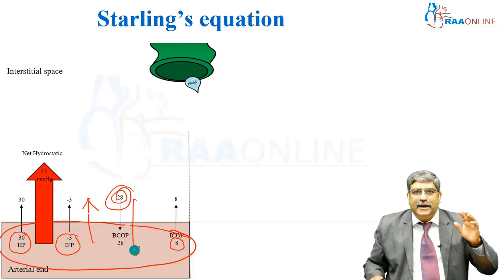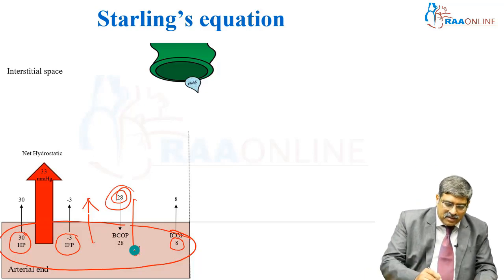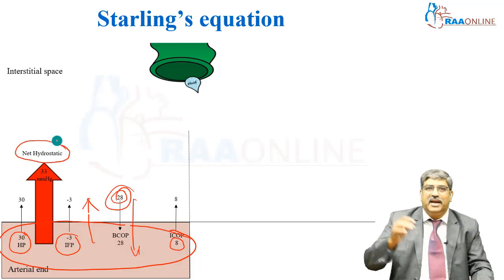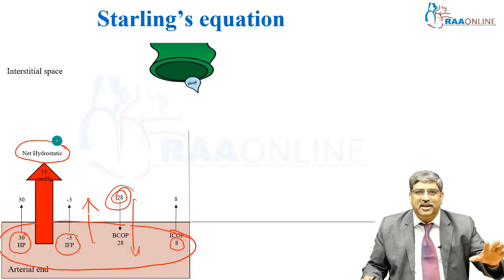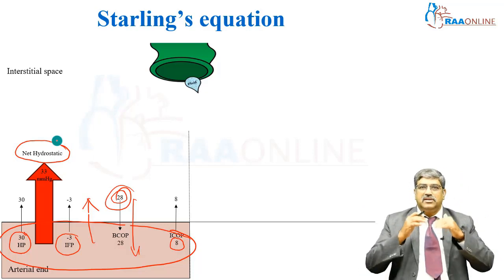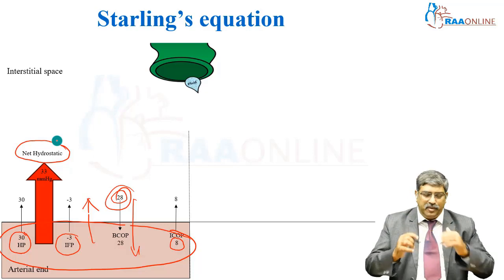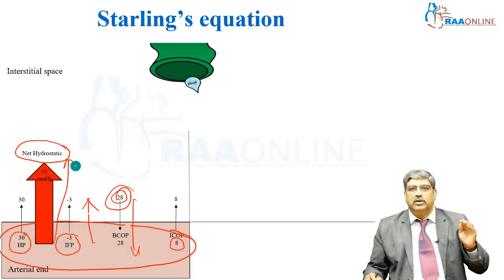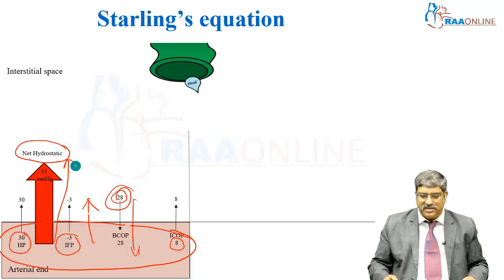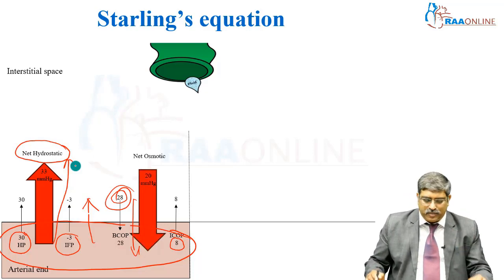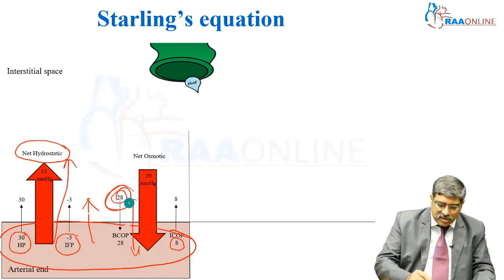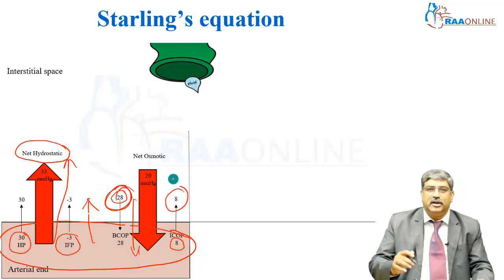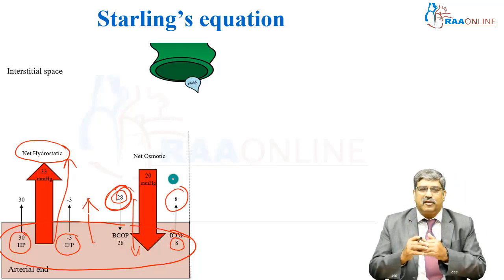If you look at the net hydrostatic pressure, that is 30 plus 3, which is 33 millimeters of mercury. So, there is a force of 33 millimeters of mercury which shifts the fluid from the capillary to the interstitial space. And if you look at the oncotic pressure, it is 28 minus 8, which is 20 millimeters of mercury.